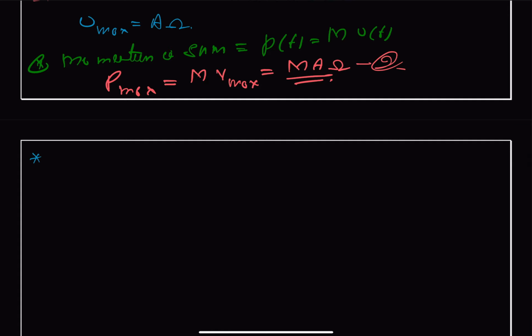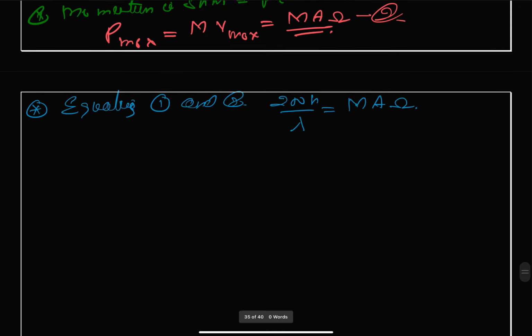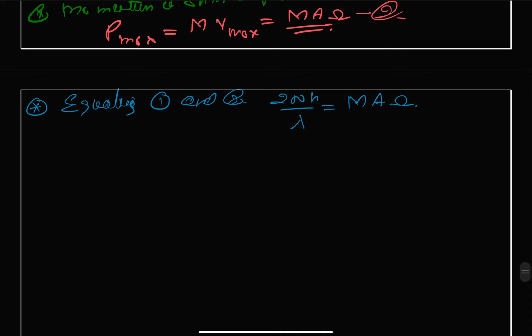Therefore we can write, equating 1 and 2, we get our 2nh upon lambda is equal to M A omega, and from here we can write that our n is equal to M A omega multiplied by lambda and divided by 2h.